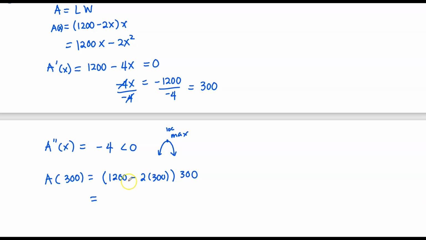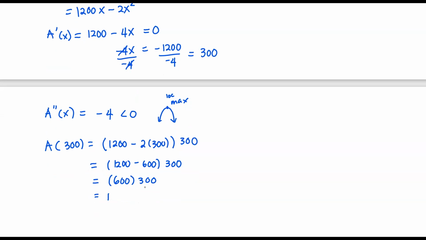But this is easier if you don't use a calculator. 2 times 300 is 600. 1,200 minus 600 is 600. So again, 1,200 minus 600 times 300. So you have 600 times 300. And that gives you 180,000 square meters as the maximum area.